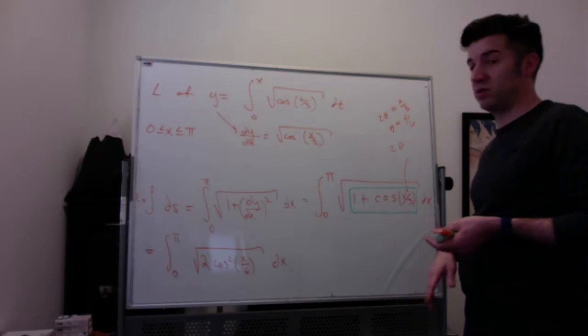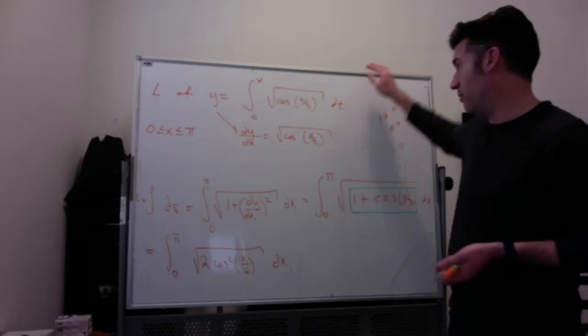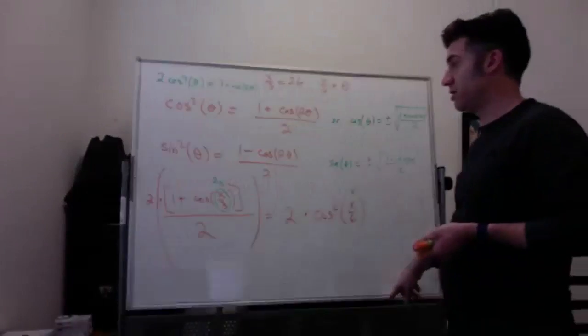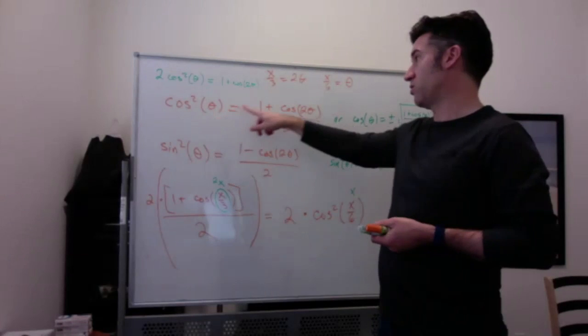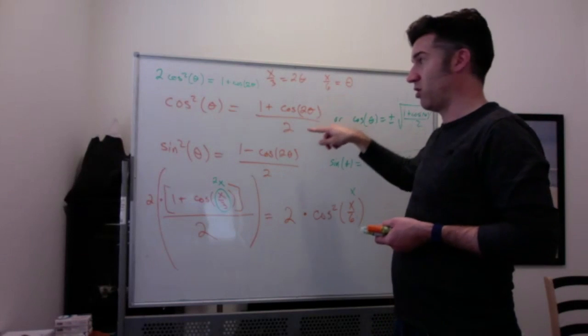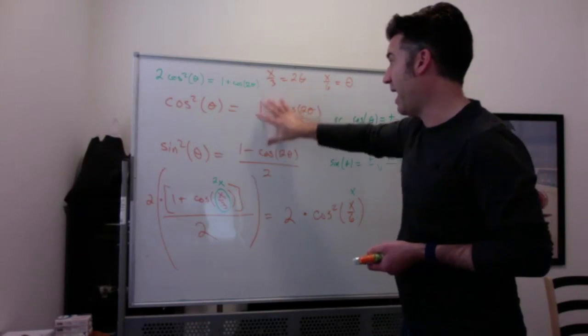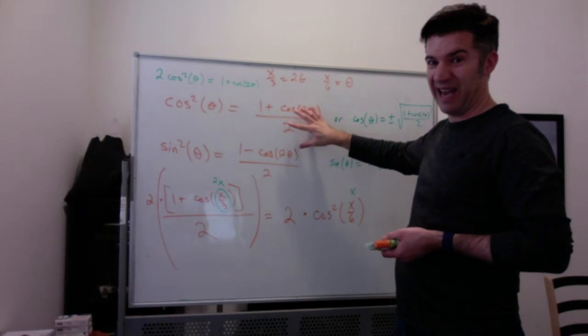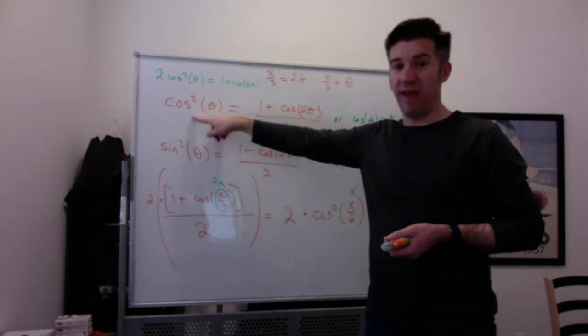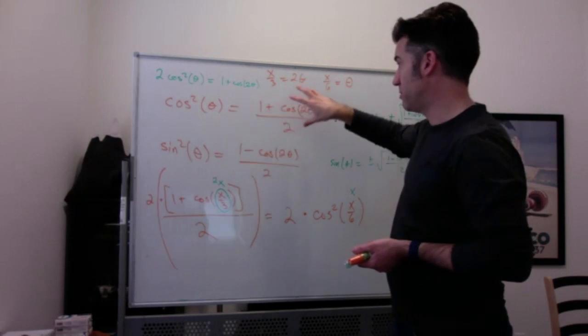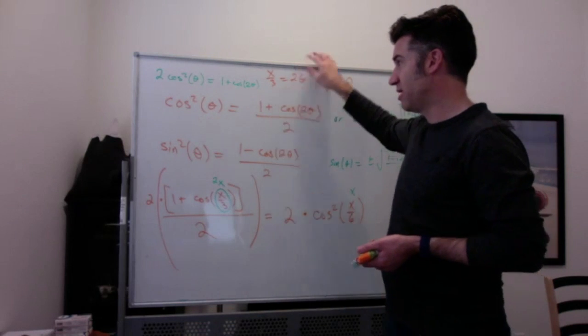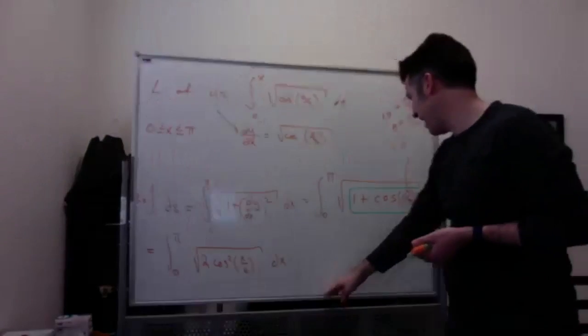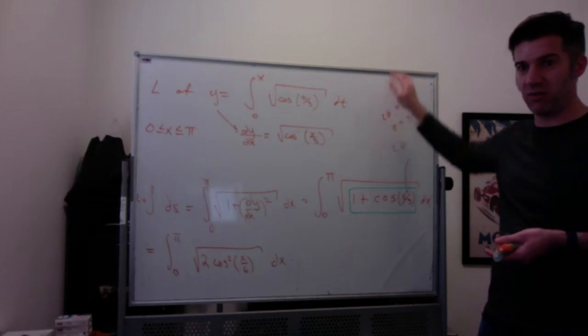The tricky way is using the half angle formula, which is that cosine squared theta equals 1 plus cosine of twice theta over 2. I have this side of it, kind of. I'm trying to take this side and make it look like what I have, which is 1 plus cosine of x over 3.